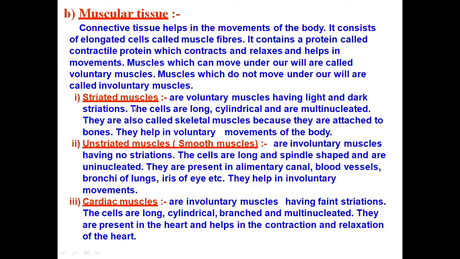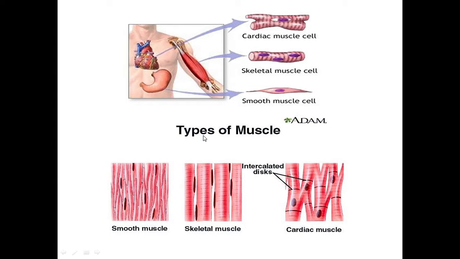If you see the structure of striated muscles, the cells are long, cylindrical and multinucleate. See the diagram. These are the striated muscles. They are long, cylindrical in shape, and they have nuclei in them, and they have dark and light bands over them.